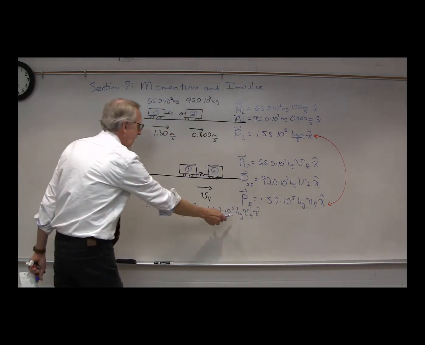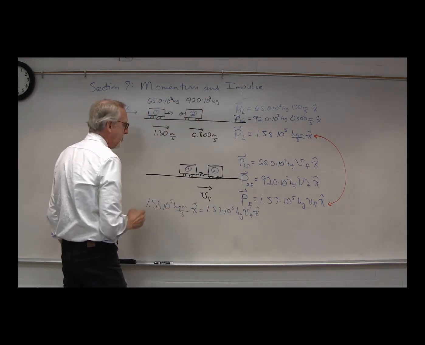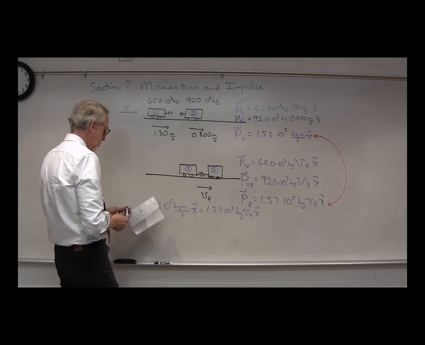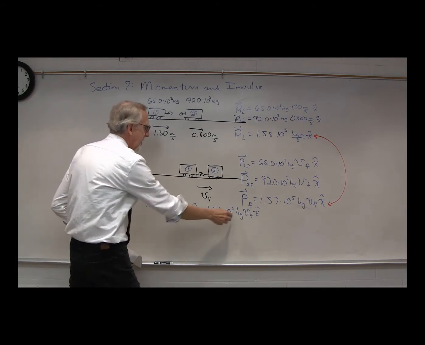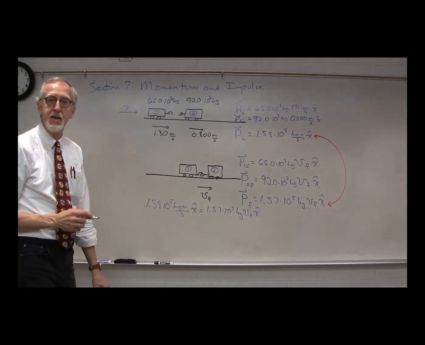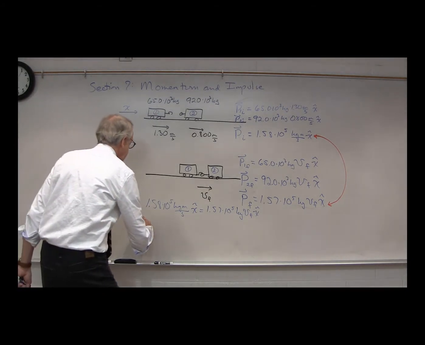And then we can divide both sides. This is all in the x hat direction, so we don't have to worry about that. We can divide off the 1.57 times 10 to the 5th kilograms.